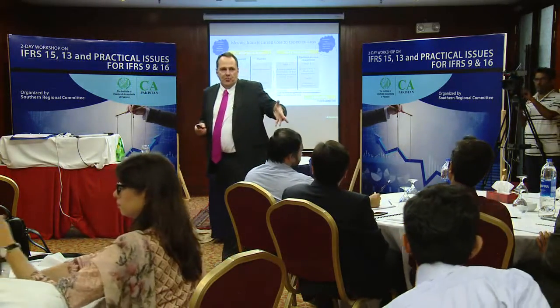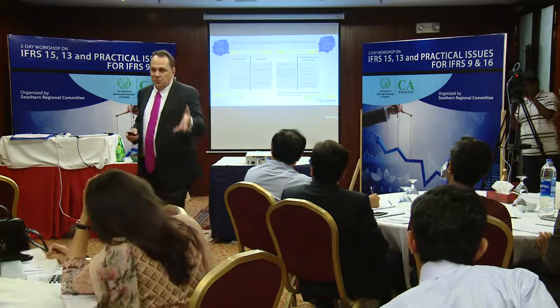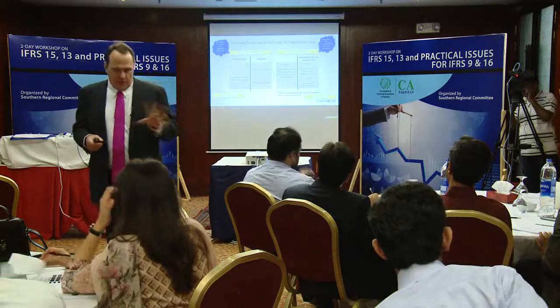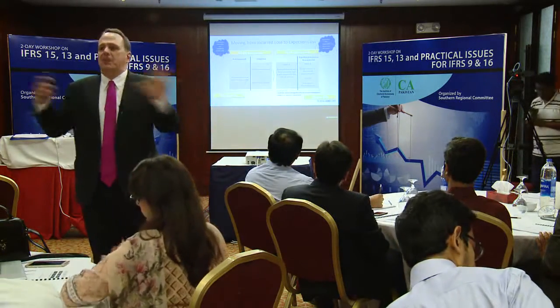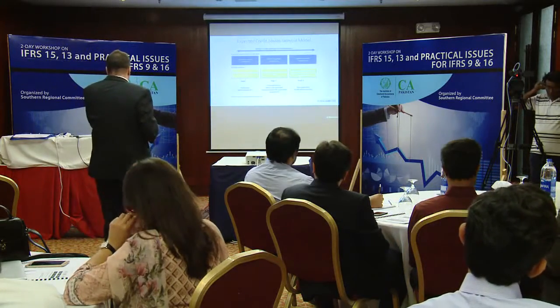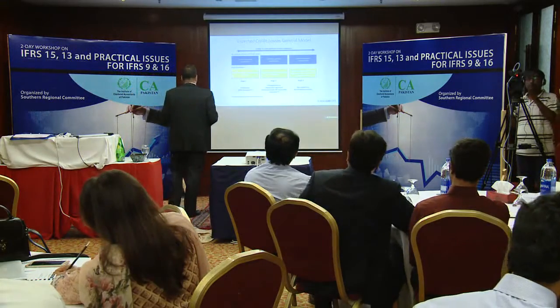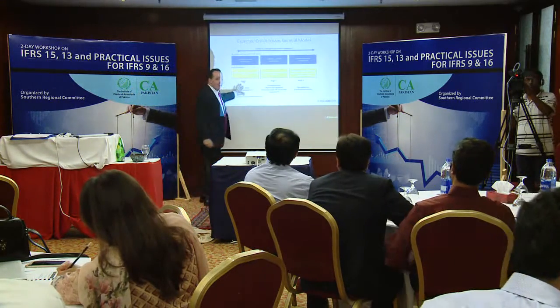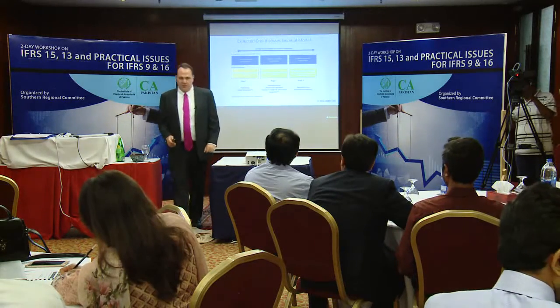Leases has a few differences, but they're very clear to identify. Revenue has less differences. When it comes to IFRS 9, you cannot look at US literature because it's completely different. All right? So the idea is if it's stage 1, we work out a 12-month loss, and if it's stage 2 and 3, it's lifetime losses.